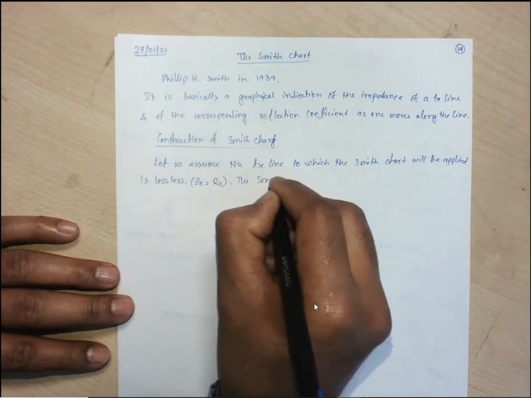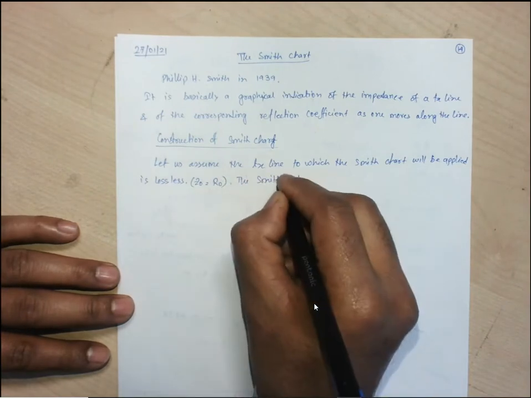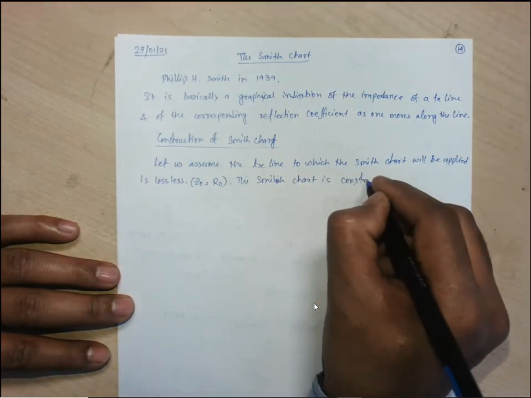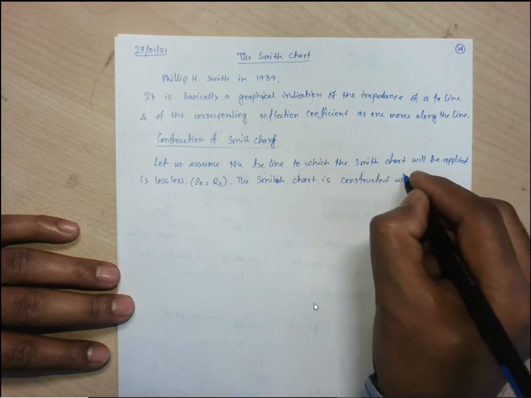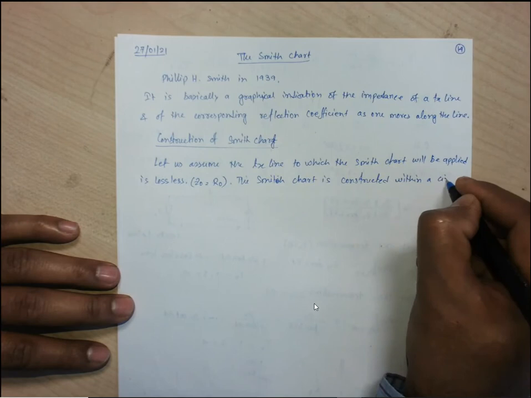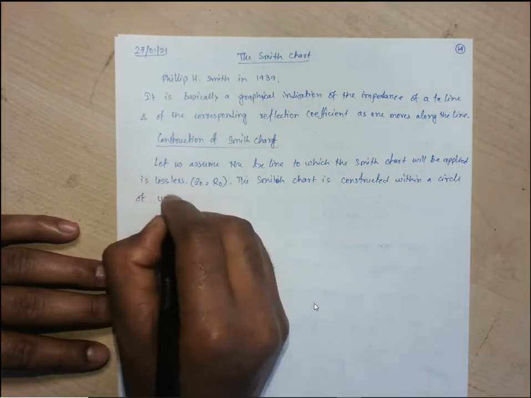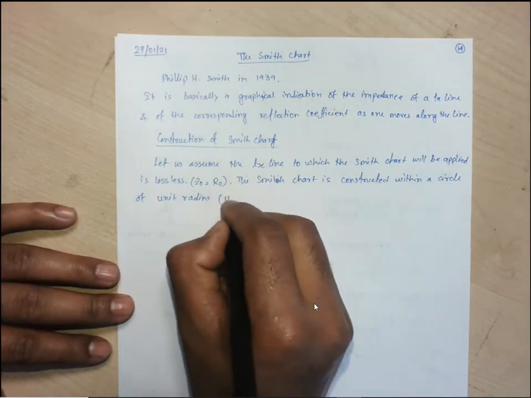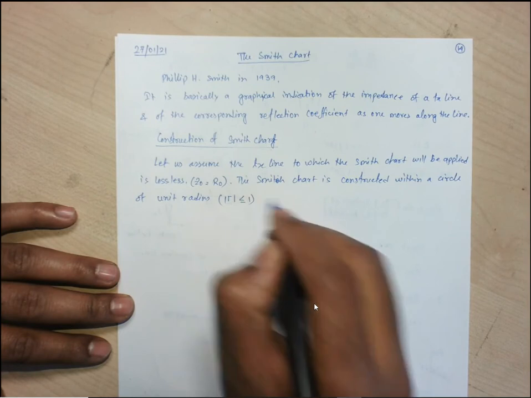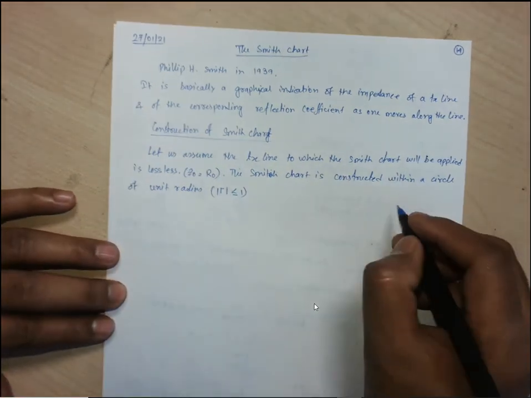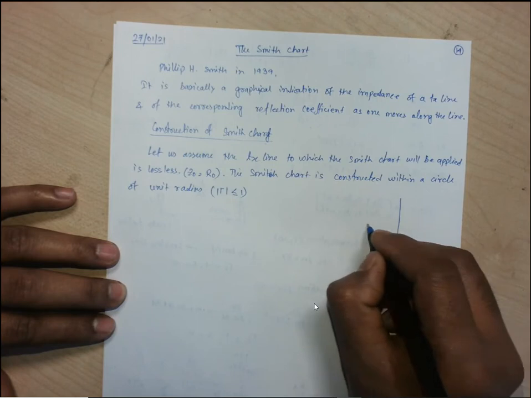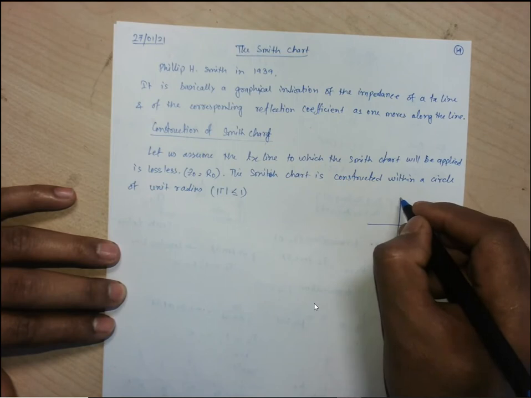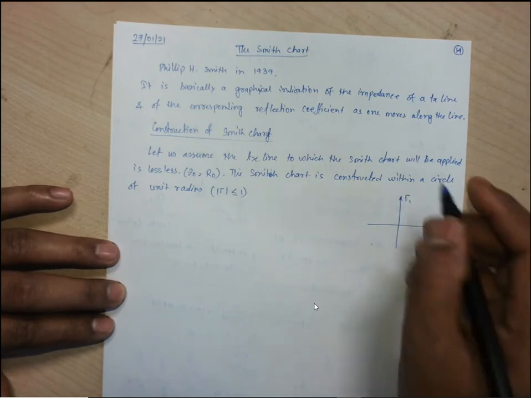The Smith chart is constructed within a circle of unit radius, that is, mod of gamma is less than or equal to 1. If we have these two axes, one axis is the real value of gamma and the other axis is the imaginary value of gamma.